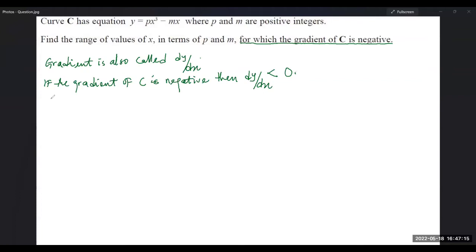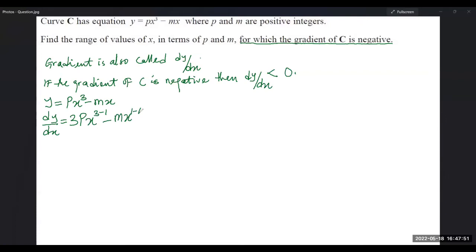Now let's consider the question. y equals p x cubed minus mx. The dy over dx, which is also called gradient, is equal to 3p x to power 3 minus 1, minus m x to power 1 minus 1.